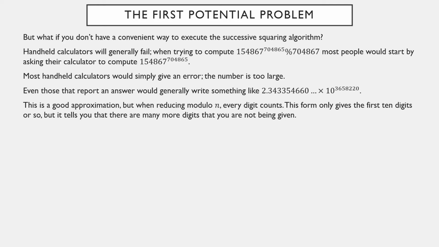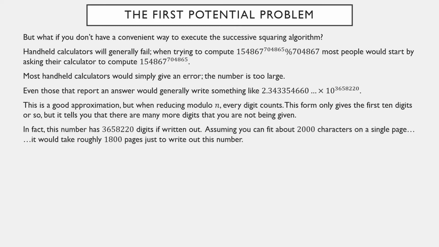In this form, we only have the first 10 digits or so, but there are a great many digits. In fact, since it's being multiplied by 3,658,220 powers of 10, that's about how many digits it's going to have. So assuming you could even fit 2,000 characters on a single page, which is a rough estimate, it will still take roughly 1,800 pages just to write out this number.